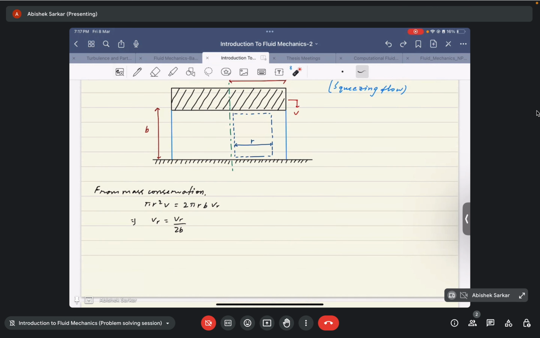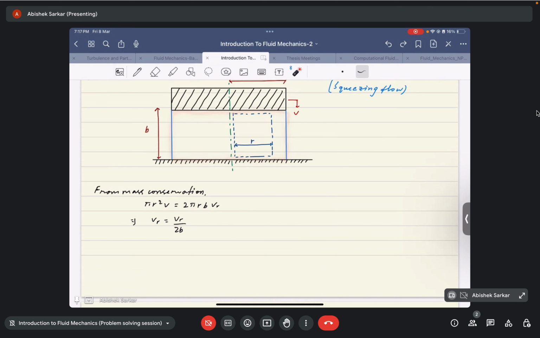And the net fluid that comes out would be from the periphery or from the lateral surface area of this fluid. If you consider this fluid to be of cylindrical shape, then the surface area through which the fluid comes out is actually the lateral surface area of a cylinder, right?